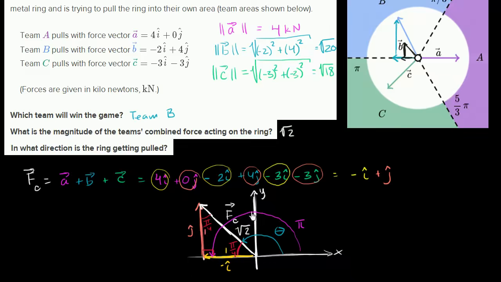So if this whole angle is pi, and this is pi over 4, you just subtract the pi over 4 from the pi to get what theta is. So theta is going to be equal to pi, which is the same thing as 4 pi over 4, minus pi over 4. I just did that to get a common denominator, which is equal to 3 pi over 4. 3 pi over 4 radians.